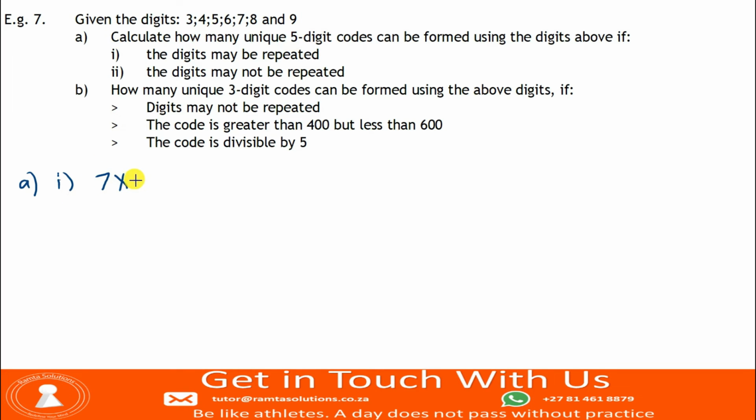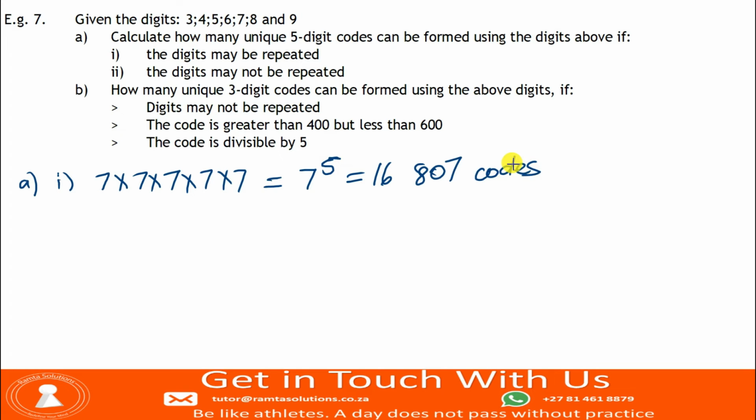This is 7 times 7 times 7 times 7 times 7. What is this? This is 7 to the 5, which is 16,807 codes that you can make if the digits may be repeated.